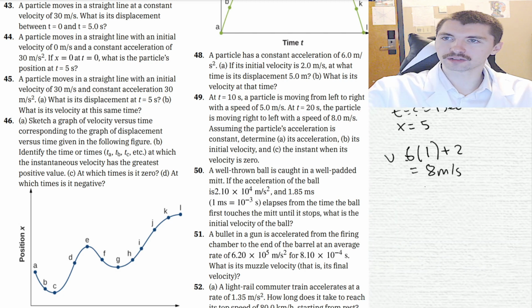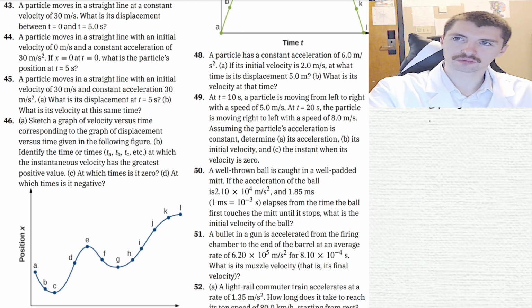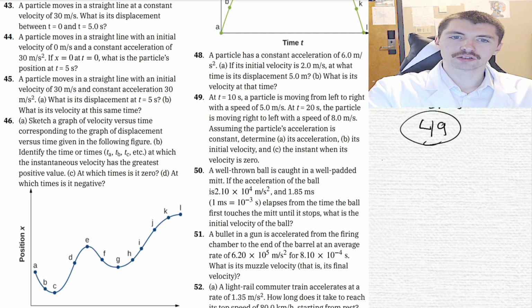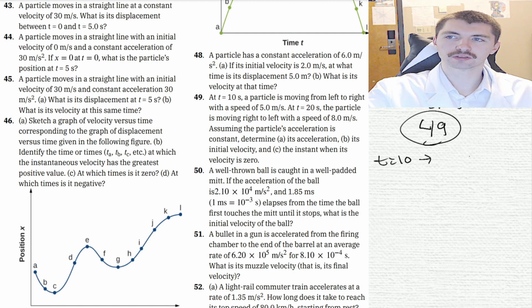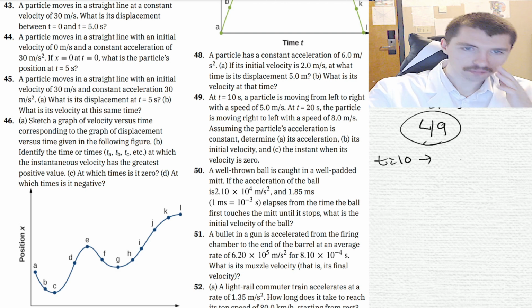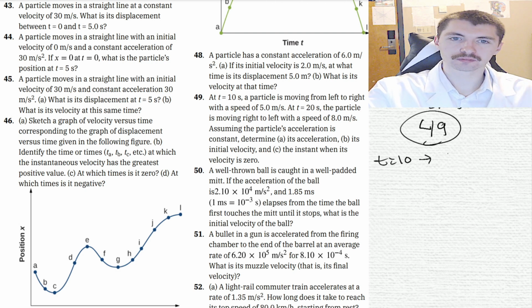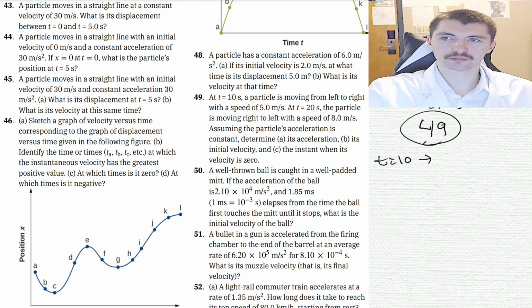Okay, 49. So at t equals 10, particle is moving left to right. So its velocity is -5.